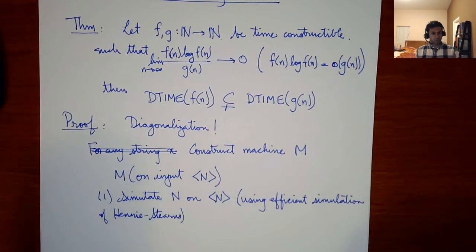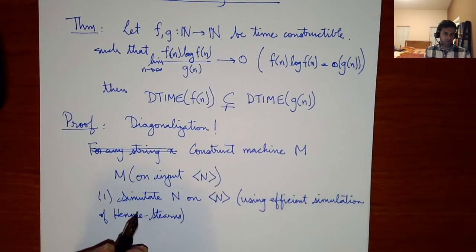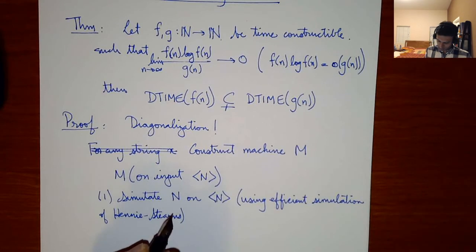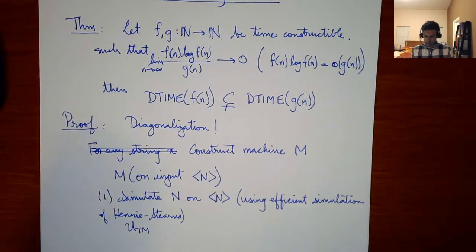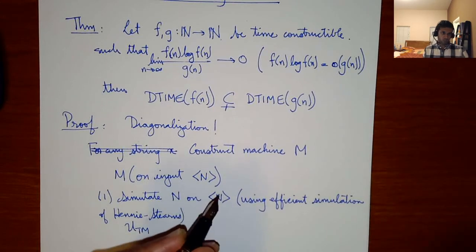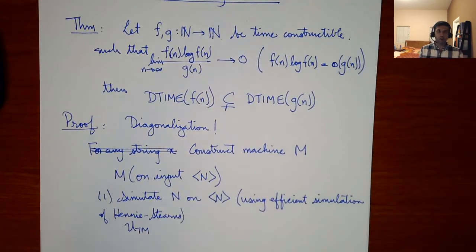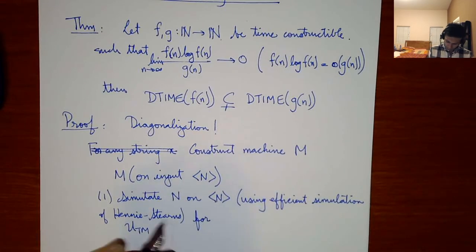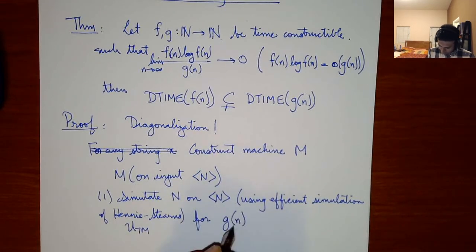Again, if you've forgotten what Hennie and Stearns is, don't worry, I'll explain it to you again. Think of it as the universal Turing machine of Hennie. It's just going to simulate its input, which it interprets as a Turing machine, on itself. And the key is for g of n steps.